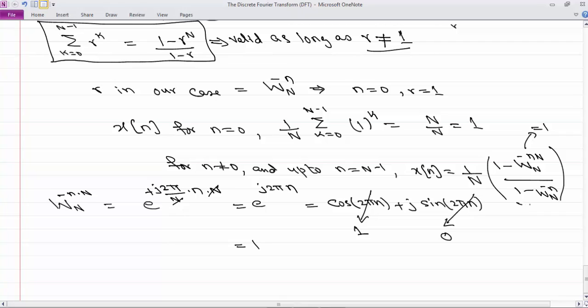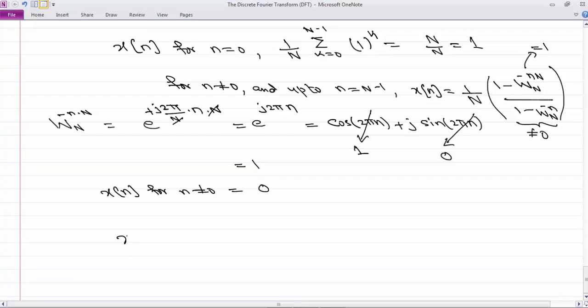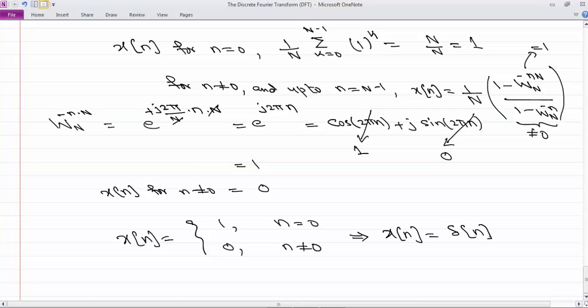I get 1 minus 1, which is 0, but the denominator is not equal to 0, so it's a valid division, so I get x[n] for n not equal to 0 is given by 0. So my final answer is then x[n] equal to 1 for n equal to 0 and 0 for n not equal to 0, which is x[n] equal to delta[n]. So indeed we get back what we started with.